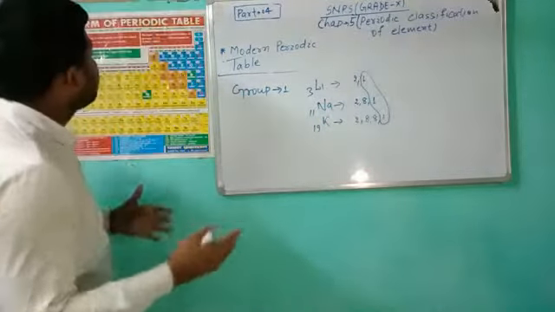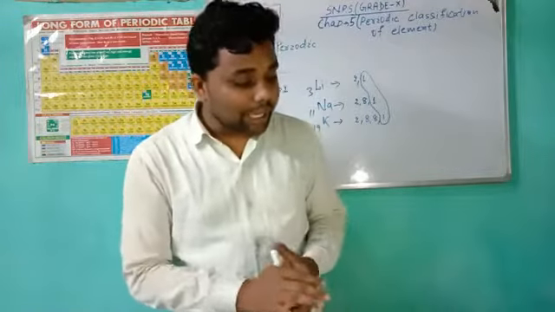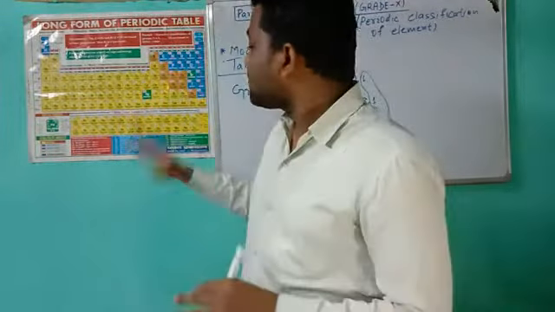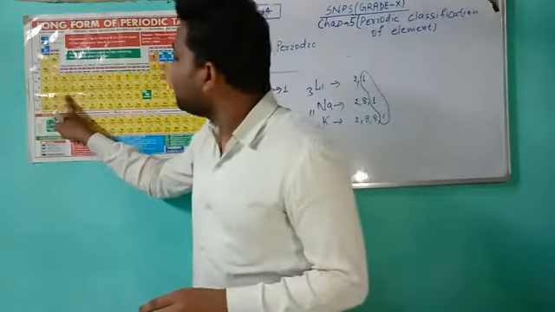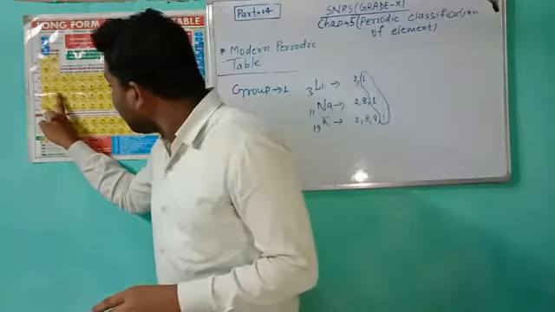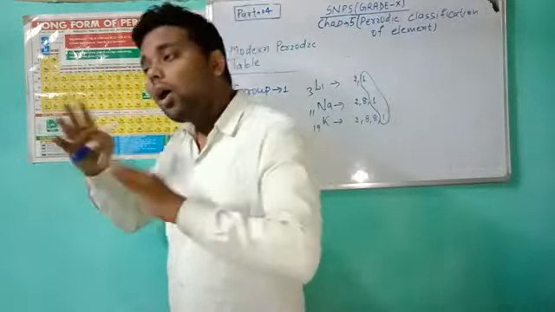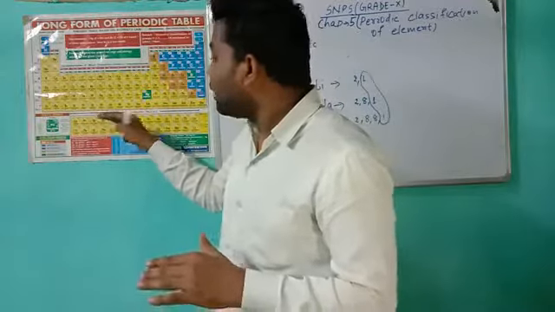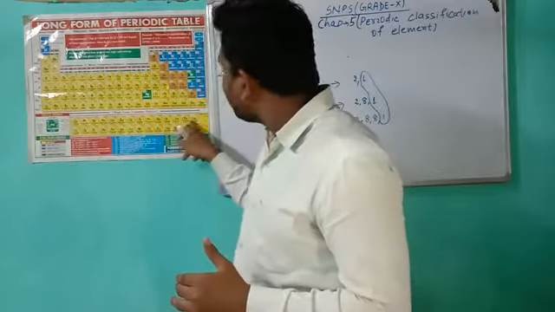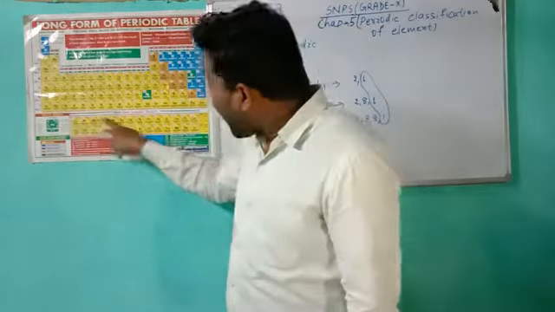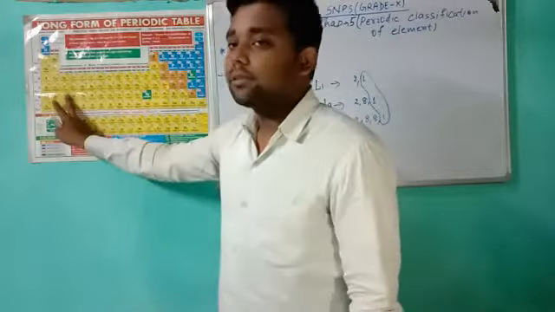After that, you can see that from 57 to 71 the elements are not present here. Why do we put 58 to 71 lower? Because these elements have slightly different properties from the rest.